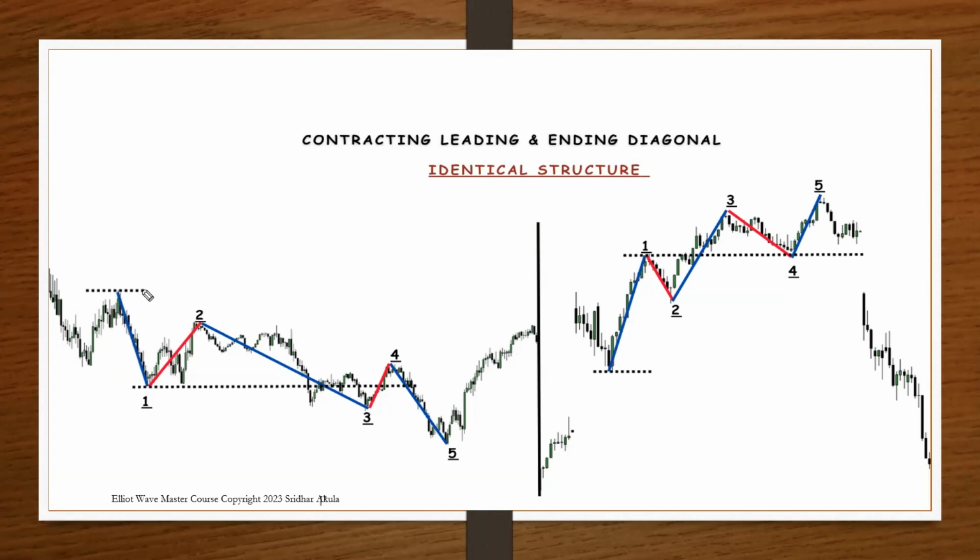But in your diagonal, this will come inside your range. This is the second major important rule to identify a diagonal. The first one you already know: a diagonal will form only in wave 1, wave A, wave 5, or wave C. So whenever you are in one of these waves and you see an impulsive structure where wave 3 is not bigger than wave 1, a tube light should go on suggesting maybe it is an ending diagonal.